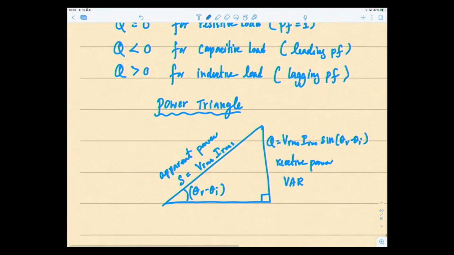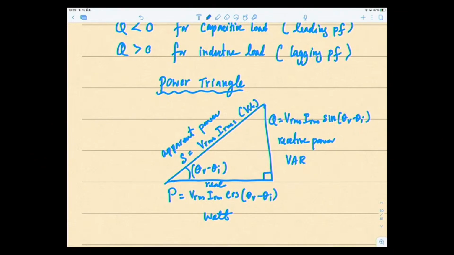And at the adjacent side, it's cos. So this is VRMS IRMS cos theta V minus theta I, which is your real power, and the unit is watt, and this unit is var. So this is another way for you to remember your so-called AC power formula.